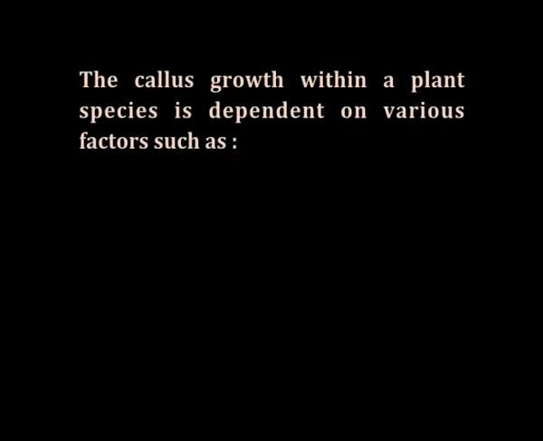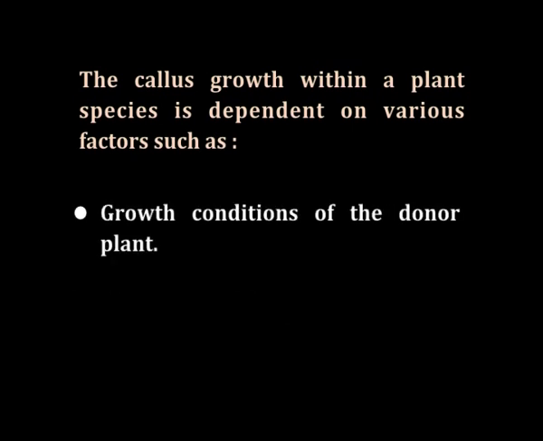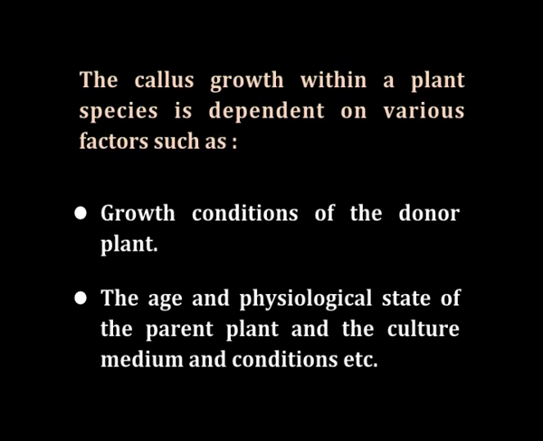The callus growth within a plant species is dependent on various factors such as the original position of the explant within the plant, the season of the year, growth conditions of the donor plant, the age and physiological state of the parent plant, and the culture medium and conditions, etc.